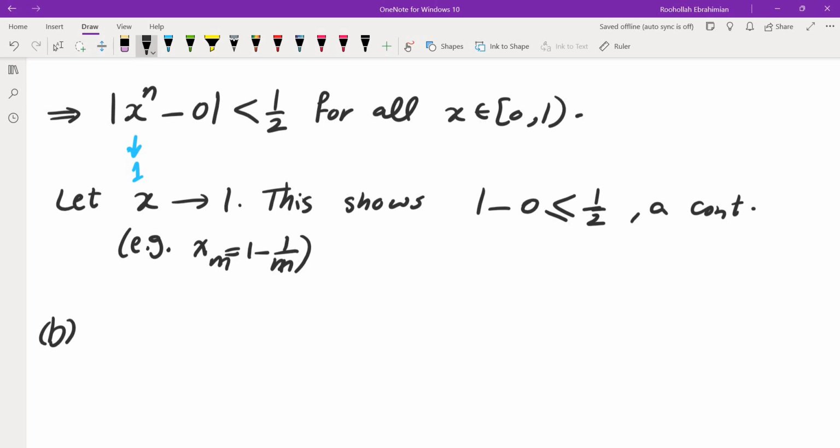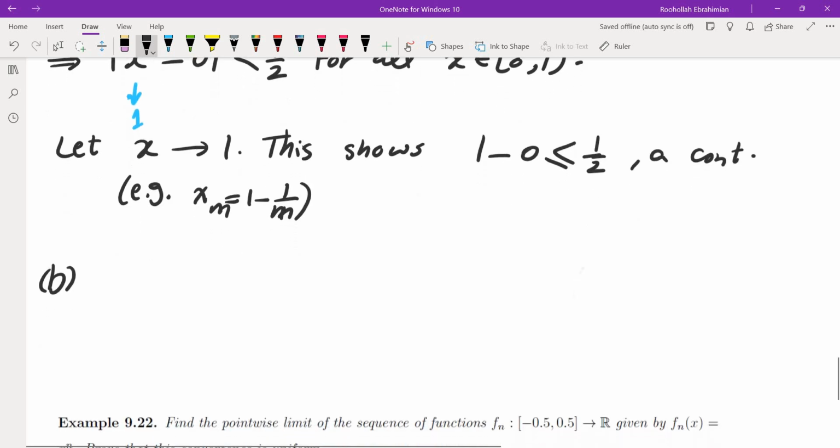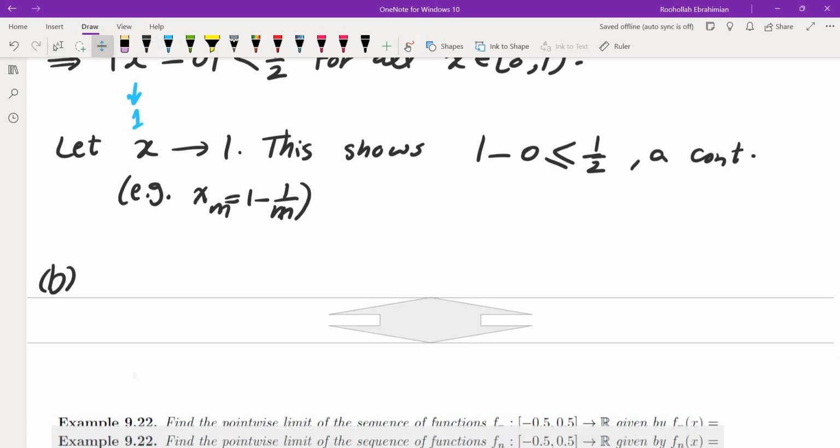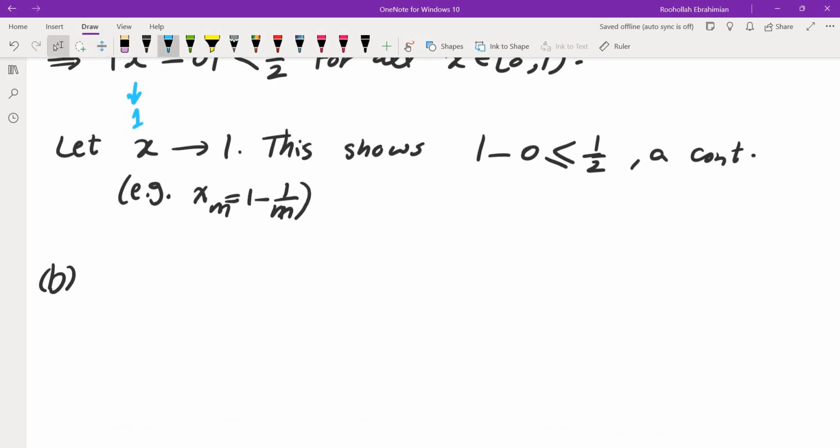Okay, so now we're going to do the same thing for the next one. Let's first get an intuition on whether these convergences are uniform or not. The functions were e to the power of negative nx squared. The first one is e to the power of negative x squared. At x equals 0, it is 1.